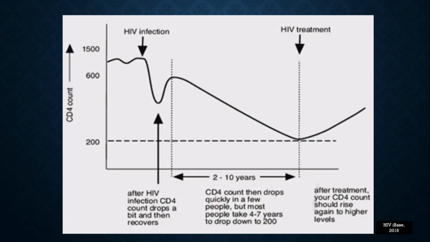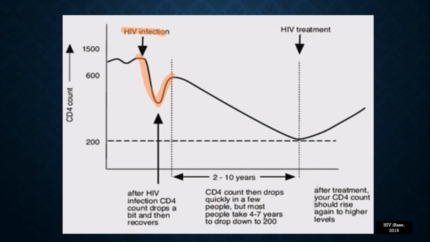Normal CD4 ranges from 500 to 1200 cells per cubic millimeter. But when an HIV infection happens, the CD4 will dramatically decrease. Then our immune system will work, and antibodies will come and knock the virus down.